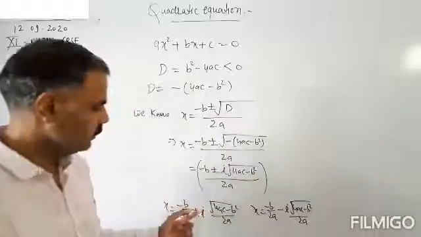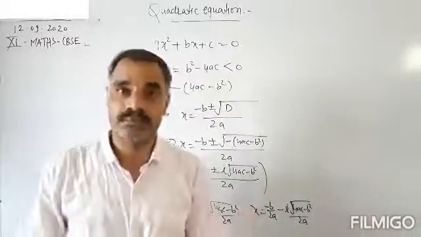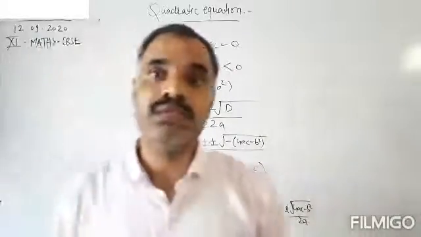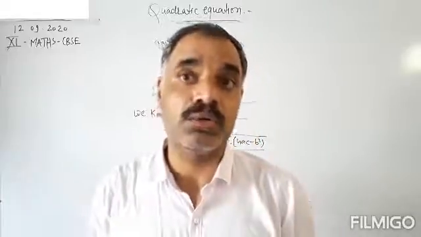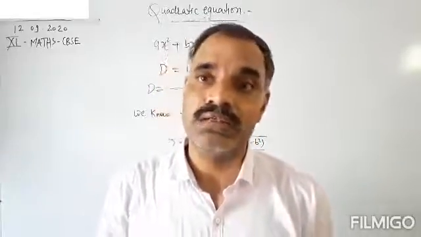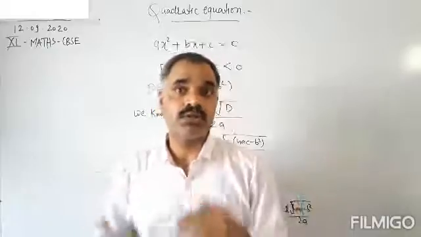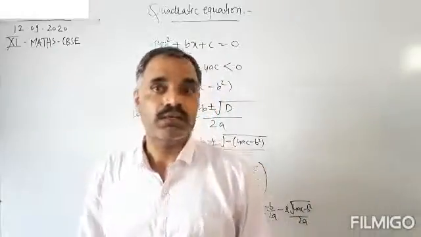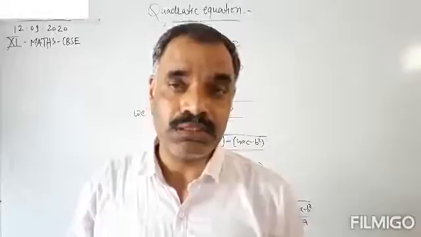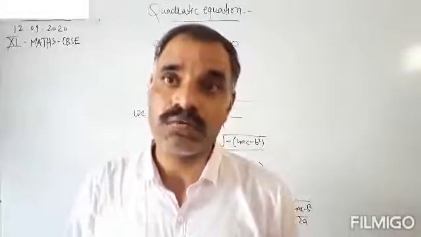Due to this imaginary unit iota, the roots of the quadratic equations are imaginary roots or complex roots. So we will consider the quadratic equations whose roots are complex roots.